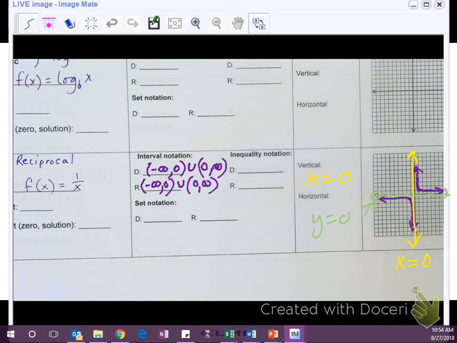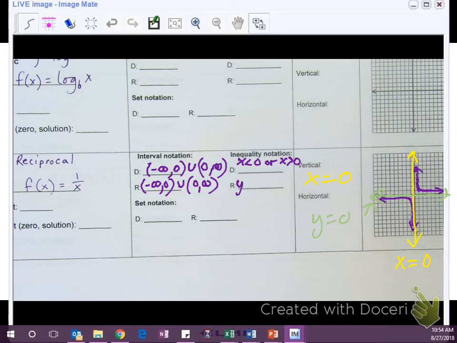So then for the inequalities, we have to use the word or. We have the x's that are less than 0 or x's greater than 0. Notice the U symbol is in the interval notation. The word or is in the inequality notation.